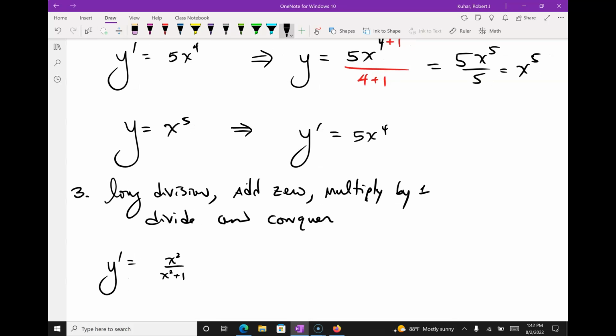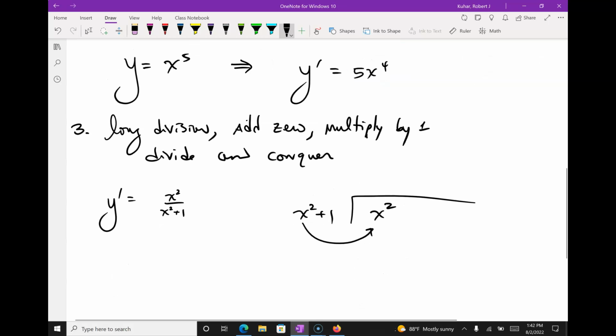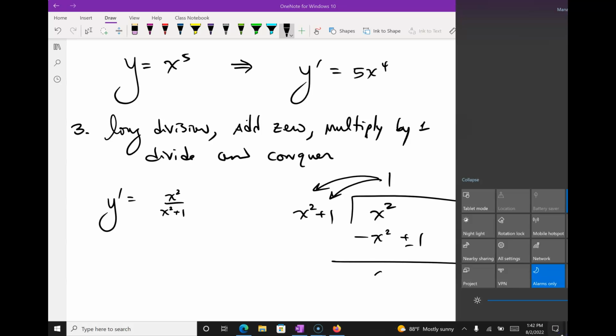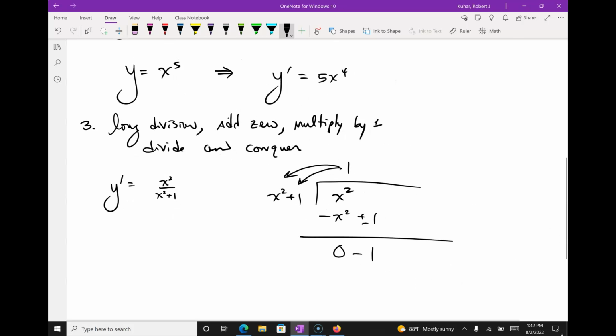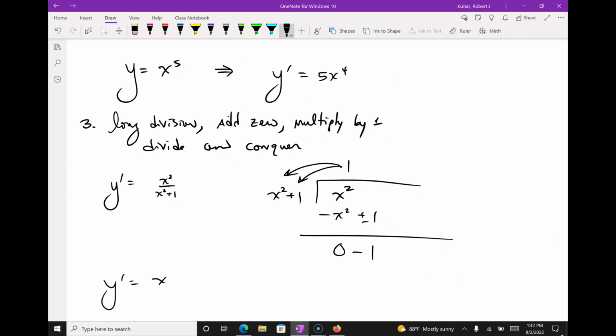Okay? So I'm going to long divide here. Sorry, x squared plus 1 into x squared, right? So you ask yourself, what number times x squared will get me x squared? 1. And then come back and multiply, right? So 1 times x squared and 1 times 1. X squared plus 1. And then I change signs and add. So I get 0 minus 1. So if y prime is x squared over x squared plus 1, that's the same as 1 plus negative 1 over x squared plus 1.